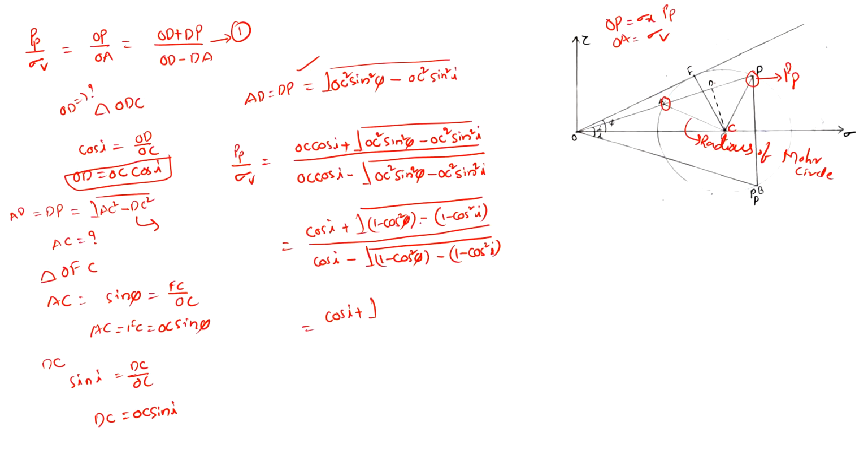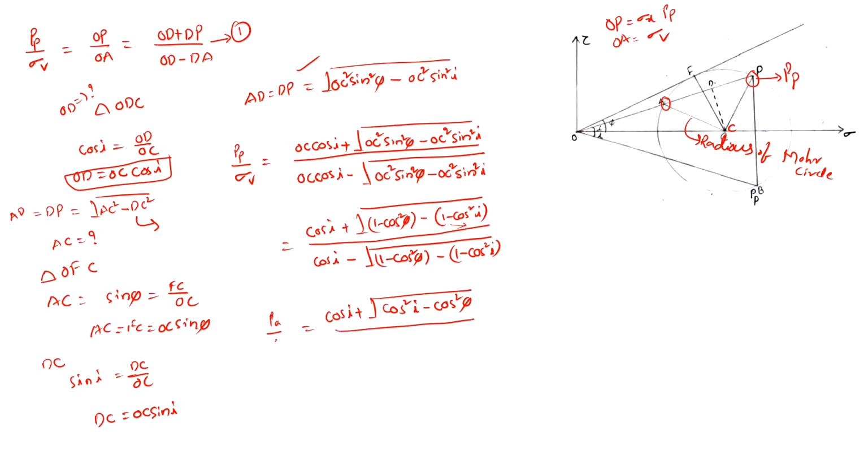Here the minus symbol is there. If we multiply with this term, the whole signs will change in this term. So here we get cos square i minus cos square phi, since cos square phi has the minus symbol.